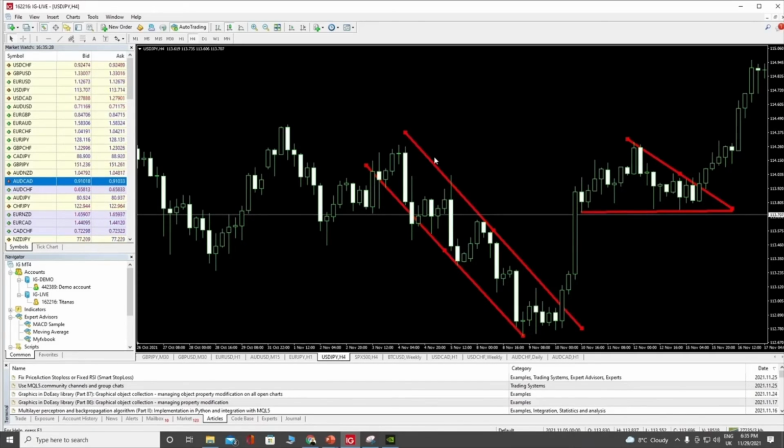And also in the opposite direction, on the USD Yen, we didn't take any trade at this point. Now you see that we have a descending wedge. So the price violently broke and went in the other direction. And another triangle here. You understand now the problem. It can be hindsight. Yes, it can be hindsight.